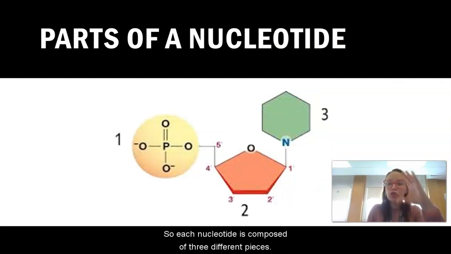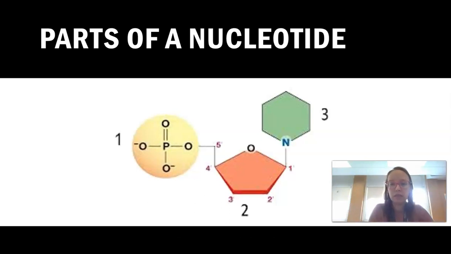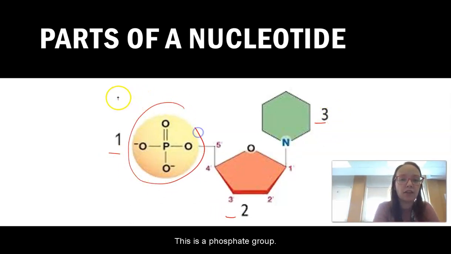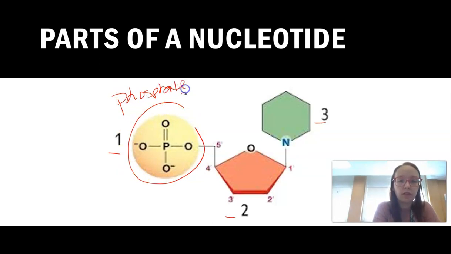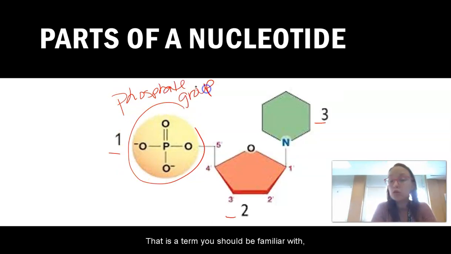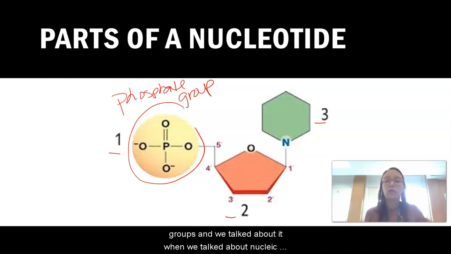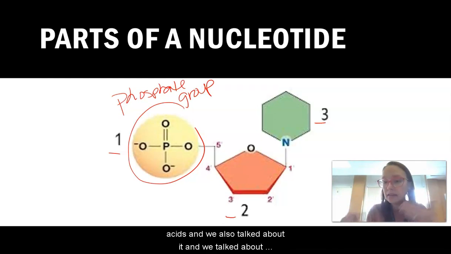So each nucleotide is composed of 3 different pieces. They all have 1, 2, 3. Here's our 3 pieces. This is a phosphate group. That is a term that you should be familiar with, right, as one of our functional groups. We talked about it when we talked about nucleic acids, and we also talked about it when we talked about ATP, right?